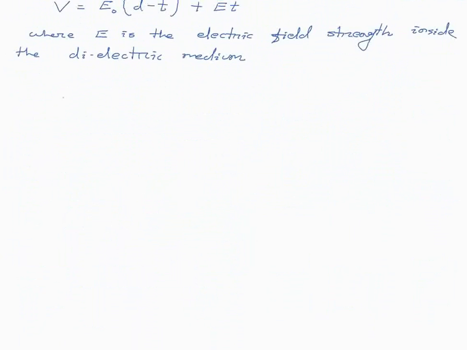Write this as equation number 2. But we know that K is equal to E naught divided by E. This implies E is equal to E naught divided by K. Okay, let us put this value of E in the above equation 2.